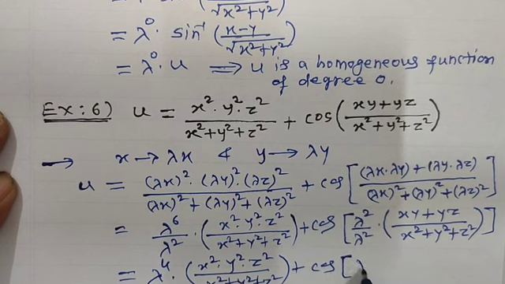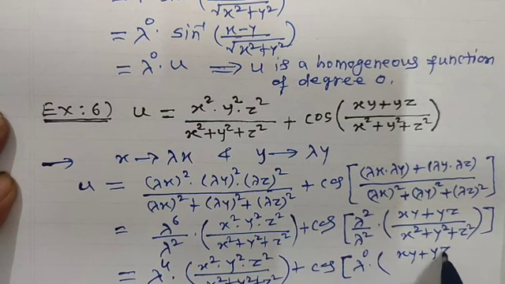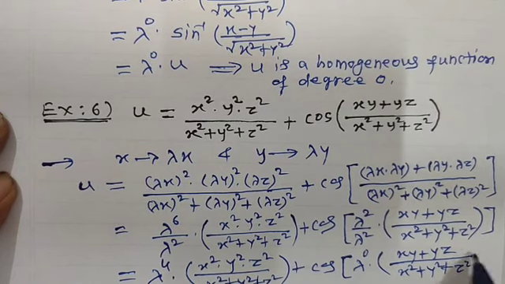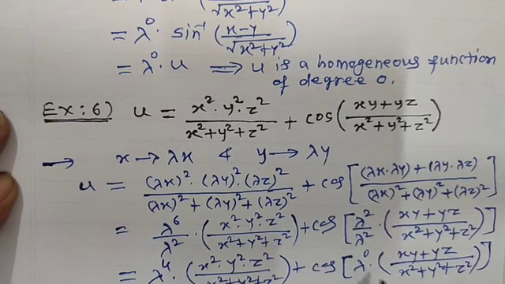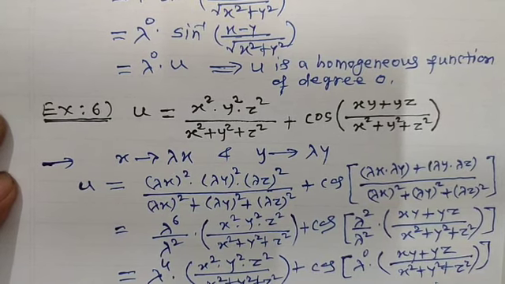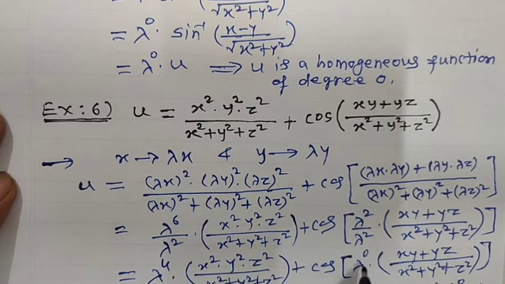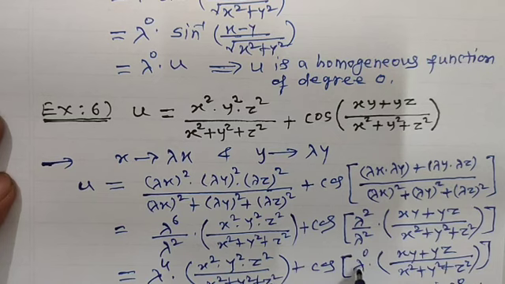This becomes lambda to the power 0 into (xy plus yz) divided by x square plus y square plus z square, and lambda to the power 0 is 1.